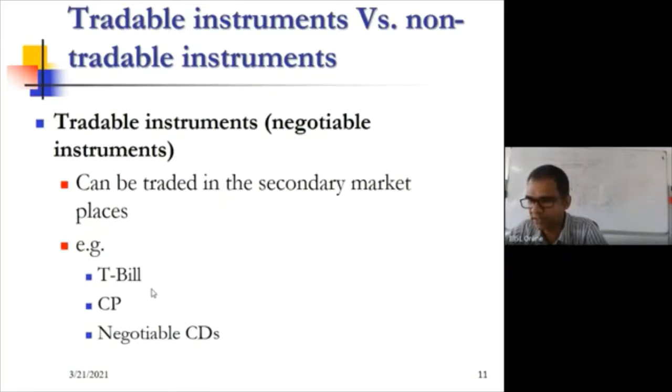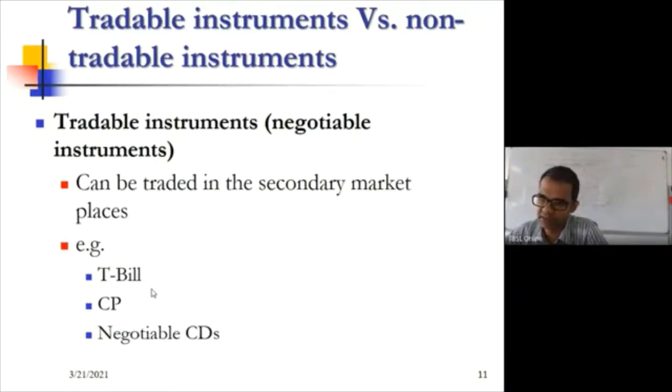Clear? Tradable instruments are where we can transfer the ownership of that instrument. So examples are Treasury bills. Through the primary auction, I can buy the Treasury bill. Next day, if I don't want to hold it, I can sell it to some other investor. So I can transfer the ownership to someone else.